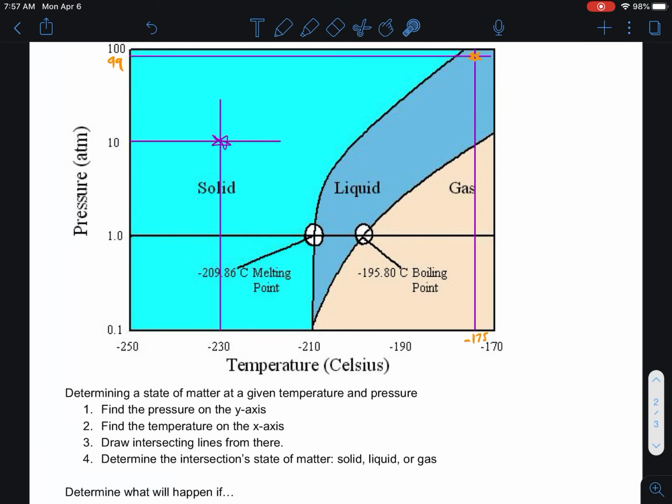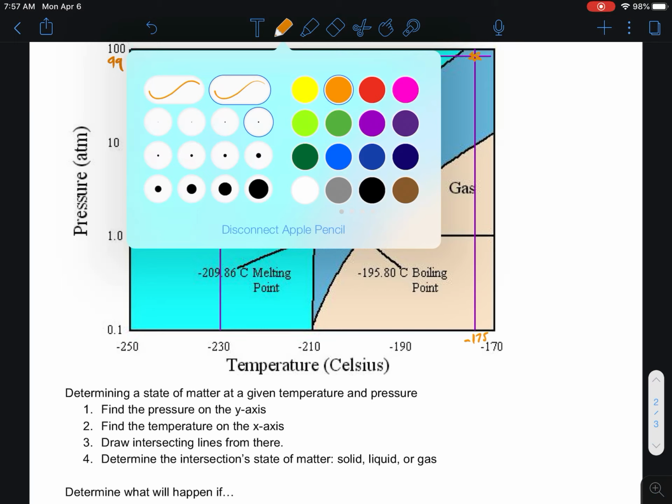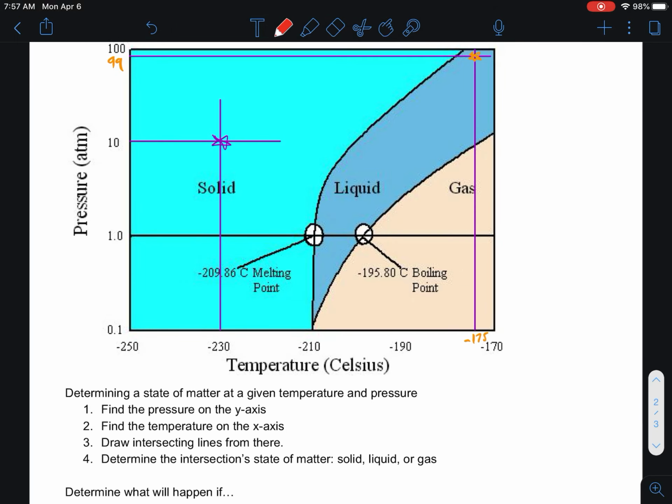What would happen if you increased the temperature by 55 degrees Celsius?